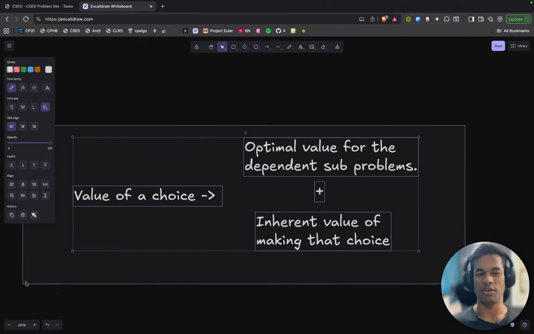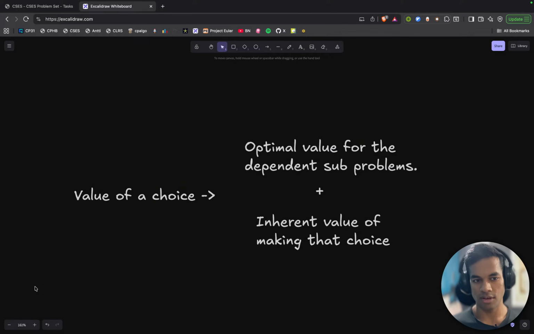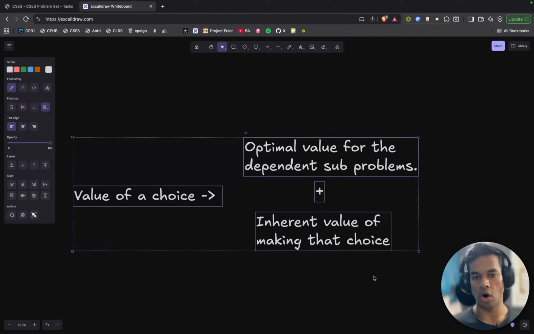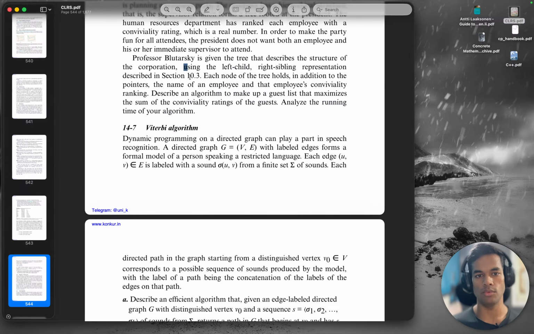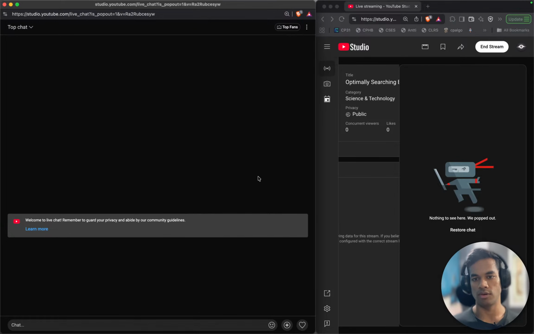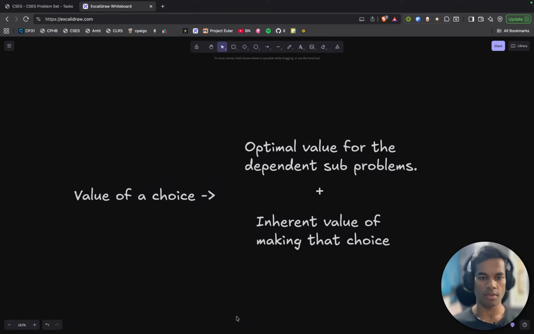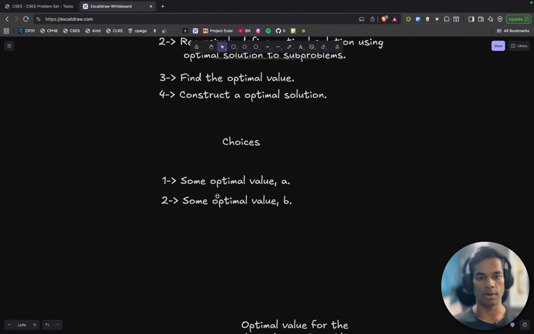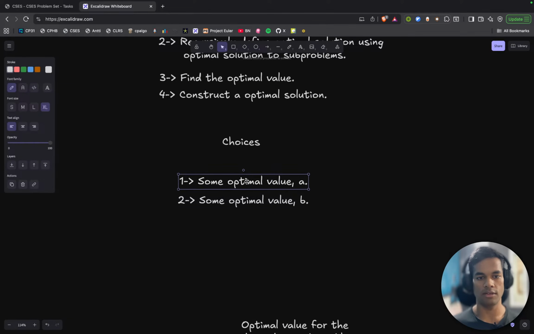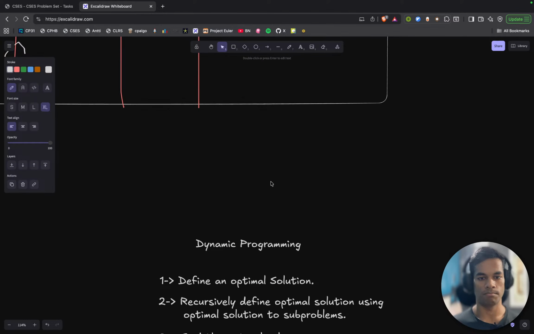These are very abstract things and they don't mean a lot without examples. So while we solve some questions, it will be easier to judge from them what these things mean. Those are the main things we have to keep in mind while solving a dynamic programming question.